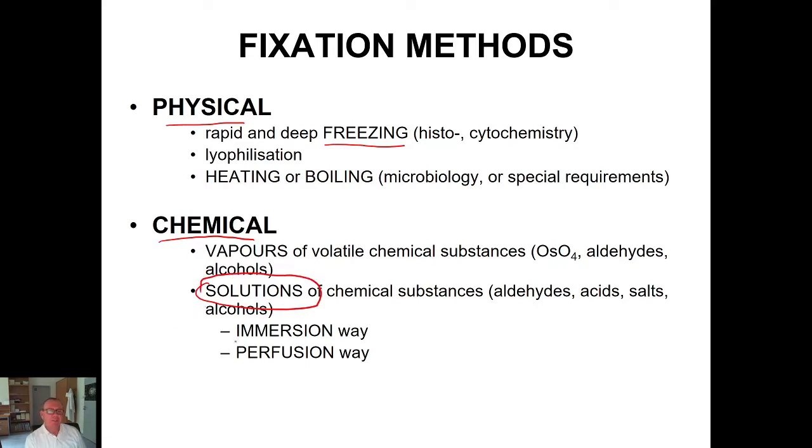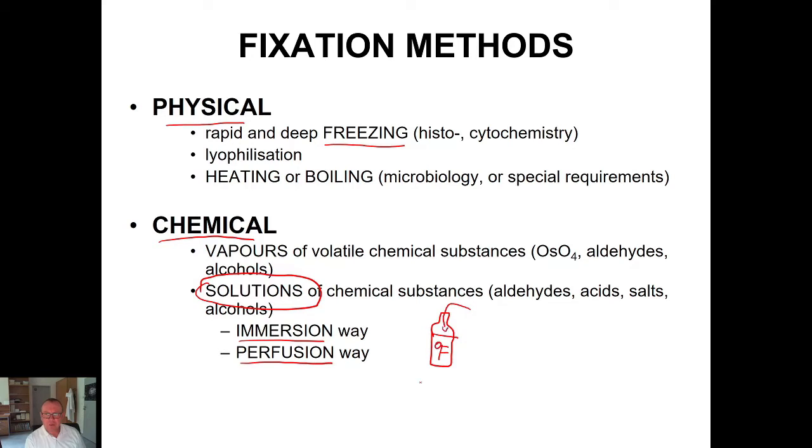We can use them in two ways: immersion and perfusion. What does it mean? Immersion means that we take a bottle with some fixative fluid and immerse our tissue into it.